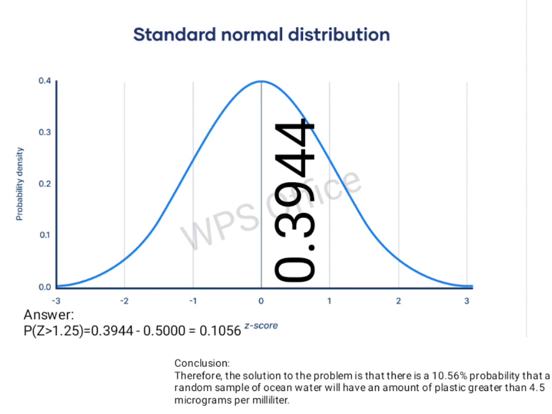Our conclusion is, therefore, the solution to the problem is that there is a 10.56% probability that a random sample of ocean water will have an amount of plastic greater than 4.5 micrograms per milliliter.